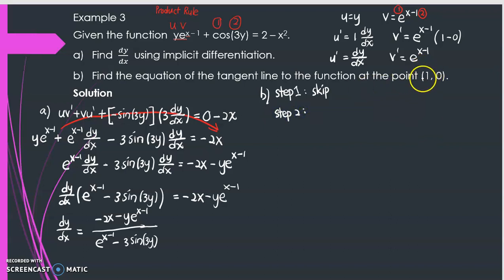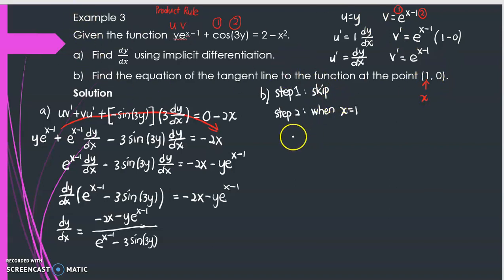Substitute the value of x, which is x equal to 1, into dy/dx. Why? Because we want to find the gradient, or the slope. Slope is referred to as the dy/dx.